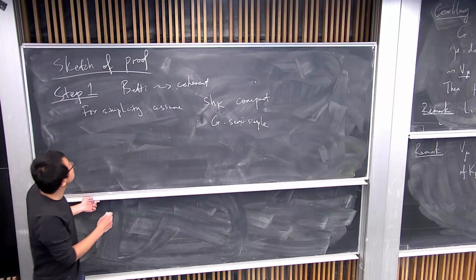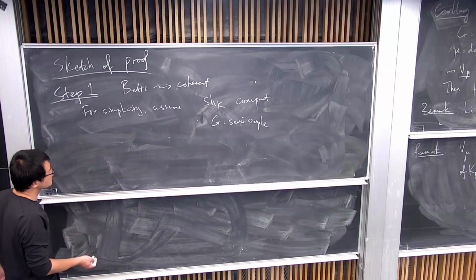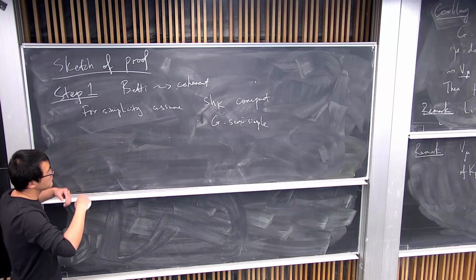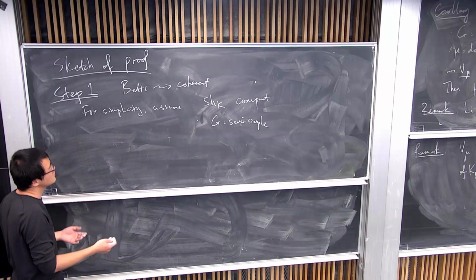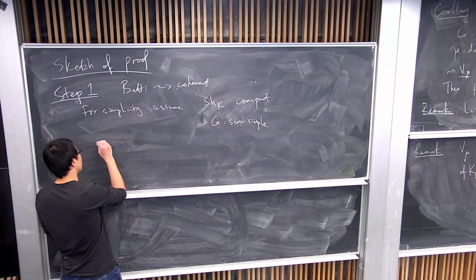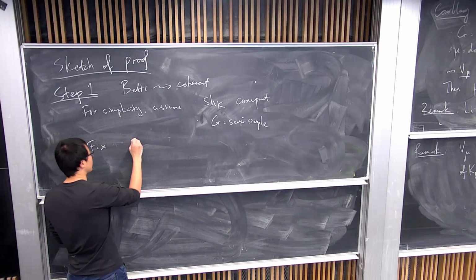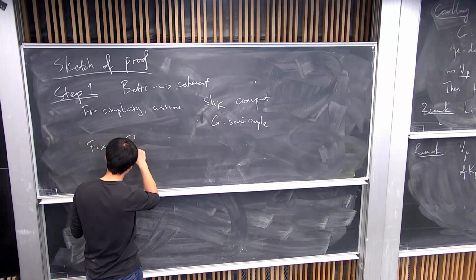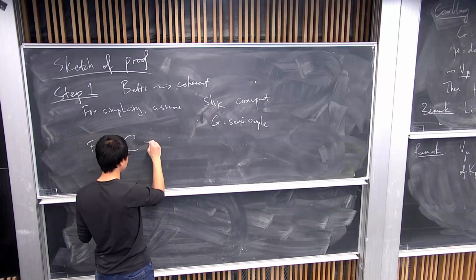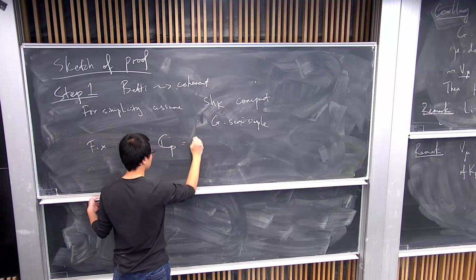I forgot to say, the proof is based on p-adic geometry instead of complex geometry. So let me just fix an identification between the usual complex numbers and the p-adic complex numbers.